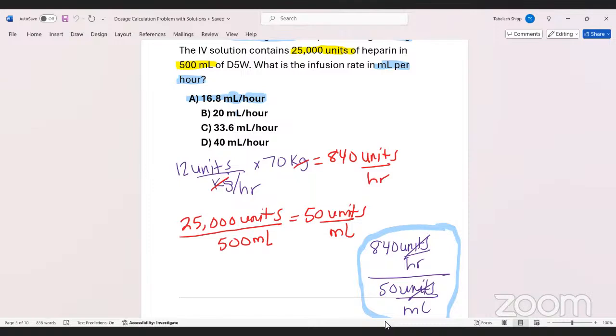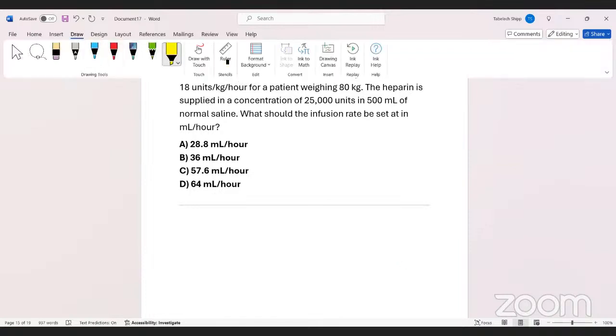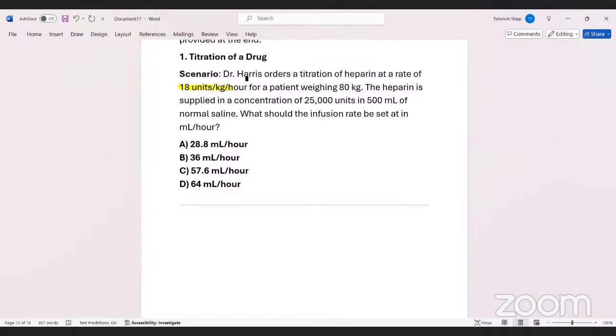Here we go. All right. Dr. Harris orders a titration of heparin at a rate of 18 units per kilogram per hour. So again, let me identify 18 units per kilogram per hour for a patient that weighs 80 kilograms.